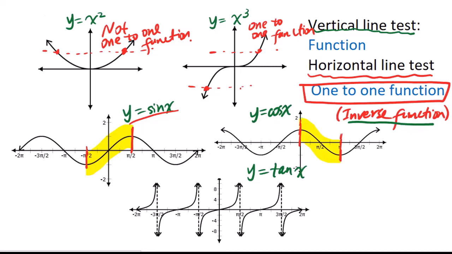For tangent x, we restrict the domain from negative pi over 2 to pi over 2. You can see when the domain is restricted like this, the highlighted part of the graph is a one-to-one function, so they have an inverse function.